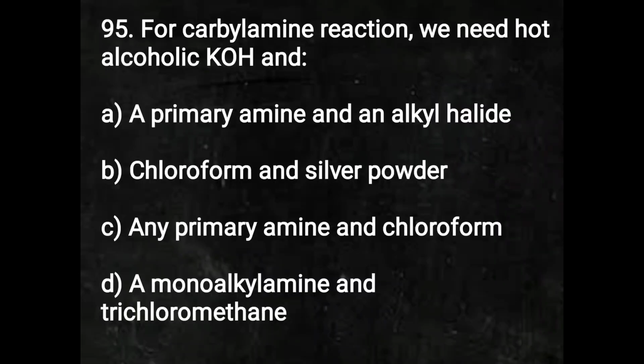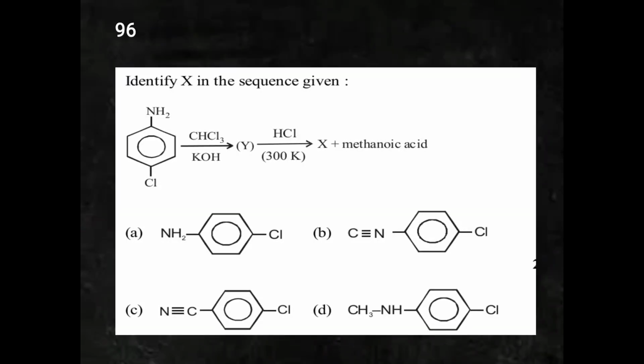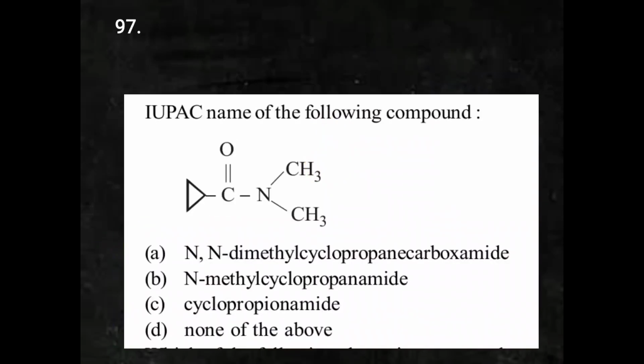For carbylamine reaction, we need hot alcoholic KOH and any primary amine and chloroform. Identify X in the sequence given. Option A is the right option.